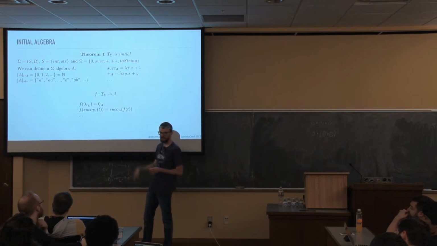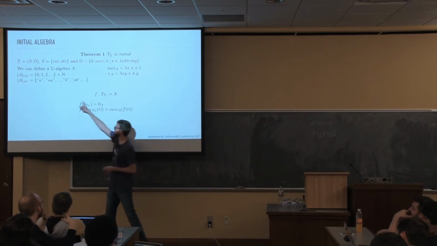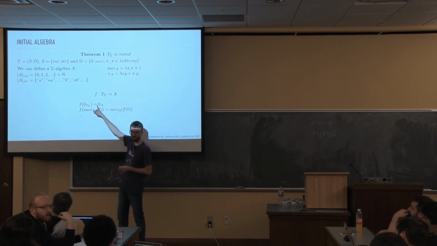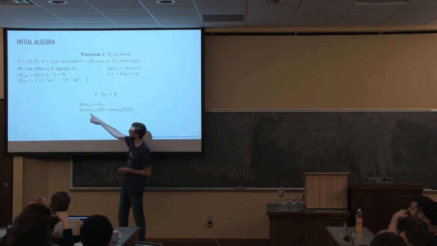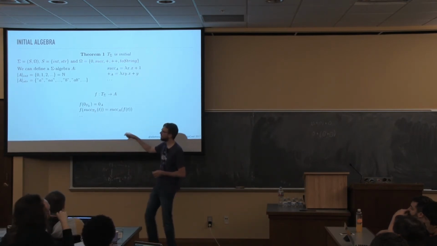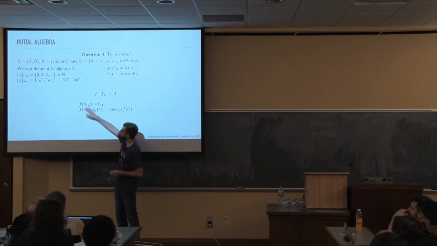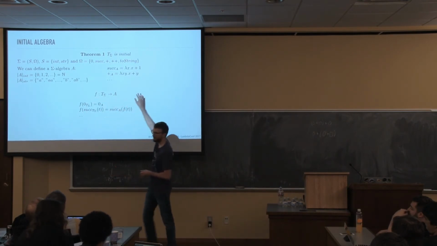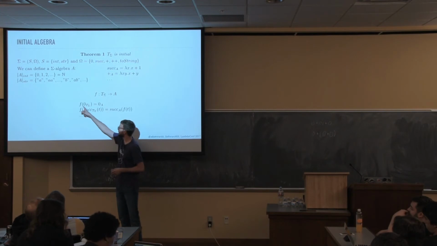Is that like a proof by contradiction? No, by induction. That's the induction base, right? We do a proof by induction on the size of term t. So let's restrict our attention to only this signature, right? So that's like the base case.